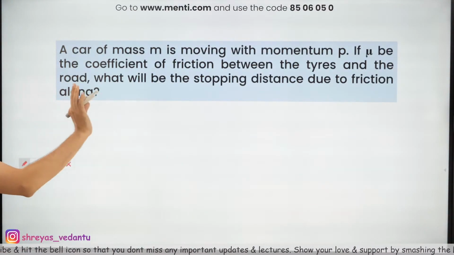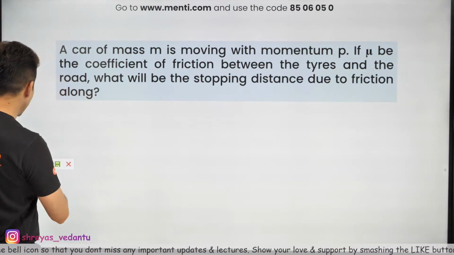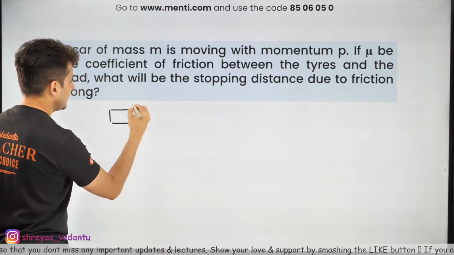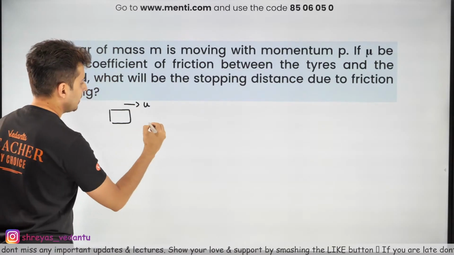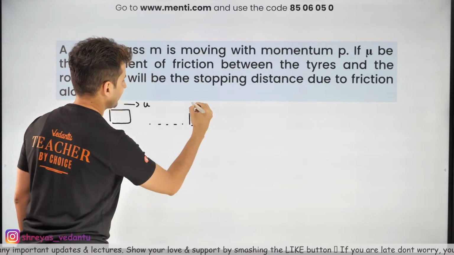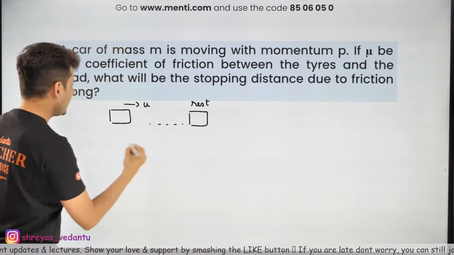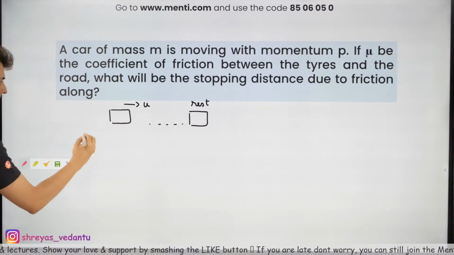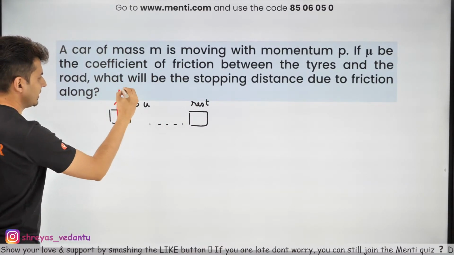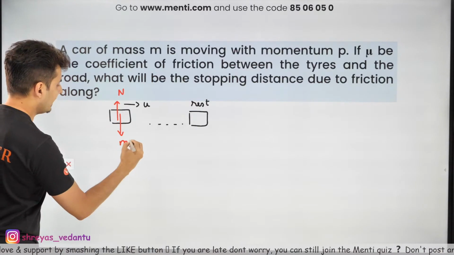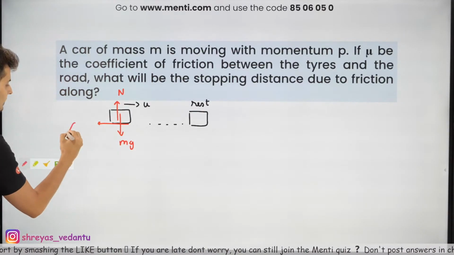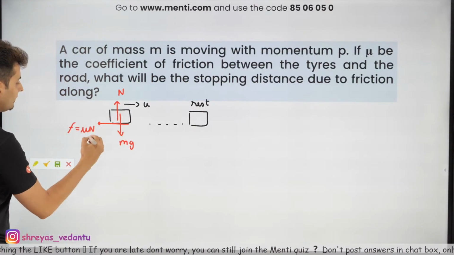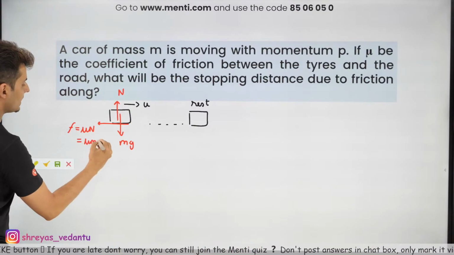First of all, the car was moving with some momentum. That means the car had some initial velocity. Okay, it stopped after some time. It came to rest. Why did it come to rest? It's very simple. If you draw the forces acting on the car, normal, weight, there would be friction, and that friction will be mu n, which is nothing but mu mg.